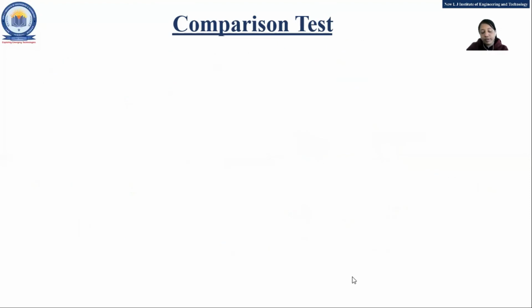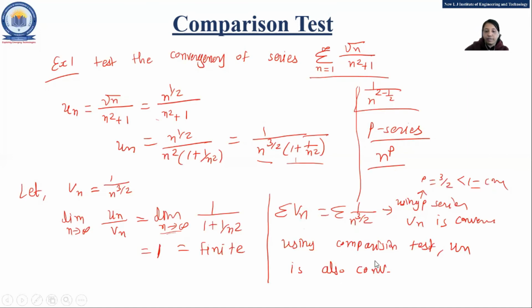According to the value of P, vn is convergent. Because un by vn is a finite number, we can apply the comparison test, so un is also convergent.